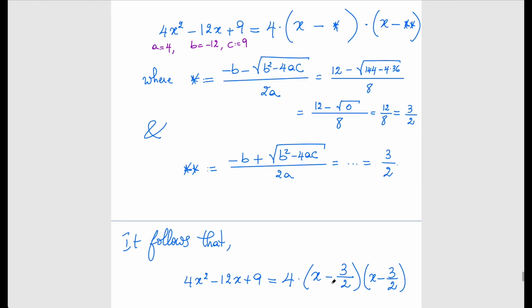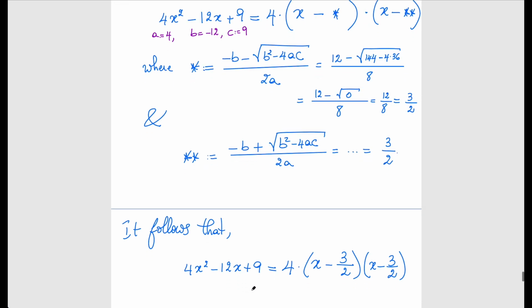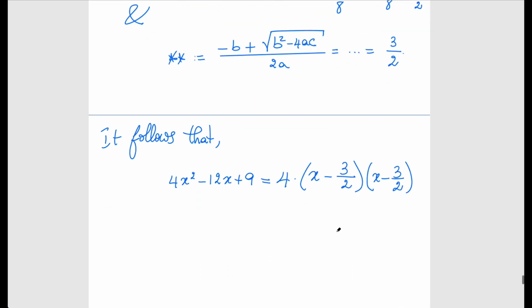So some of you may have seen it immediately, that it's 2x minus 3 squared. Well, that's the same thing we said here.